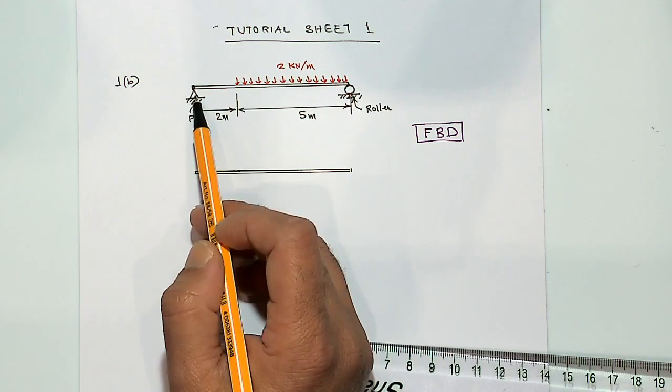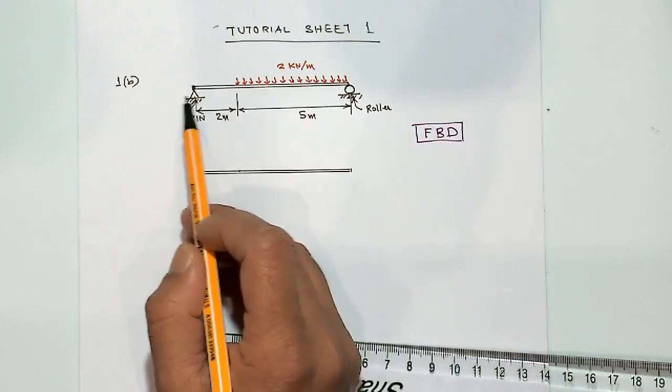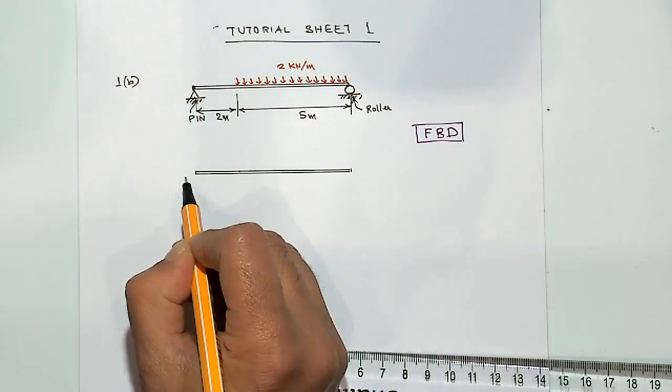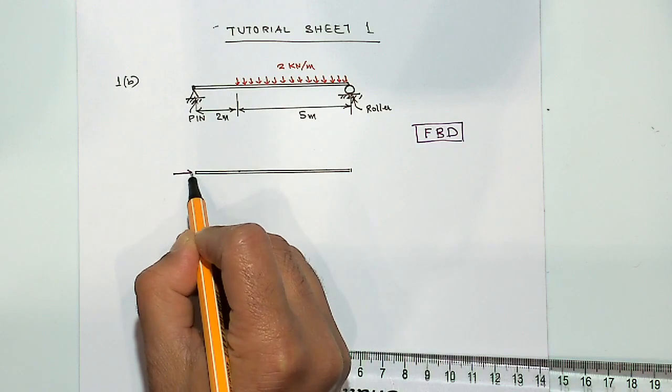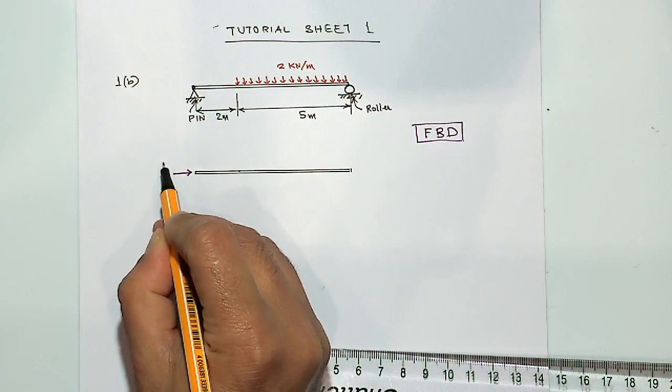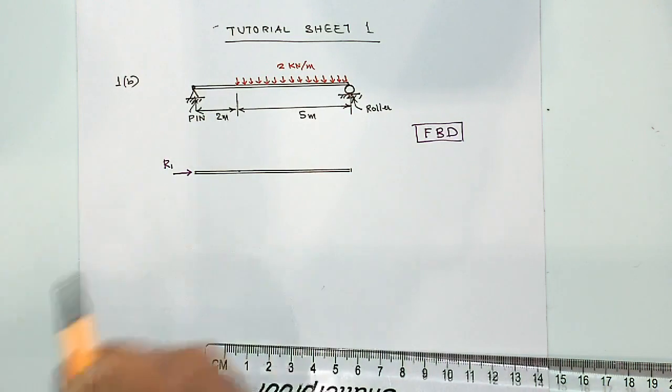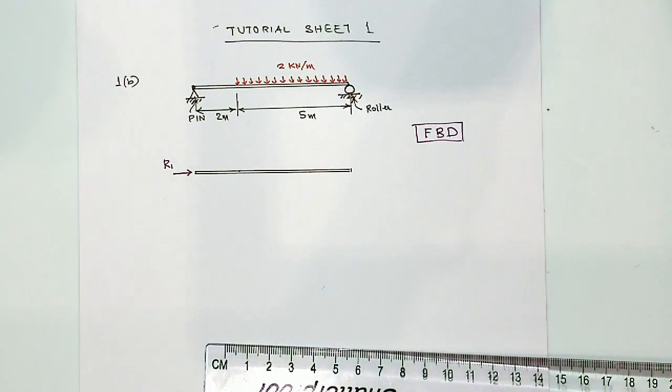The pin restricts movement in the horizontal direction. So once I take off that pin, I would replace it with a possible horizontal force. Let's call that R1, where R stands for reaction.